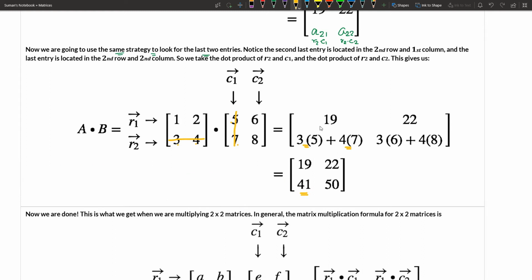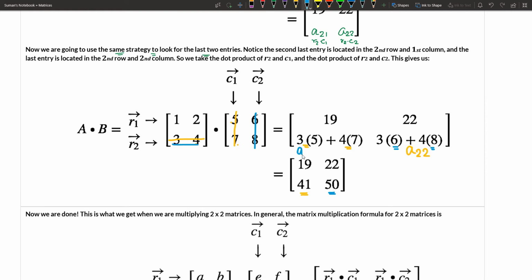And for the fourth entry, that must be our A22, second row, second column, and we are using the blue color for that entry. So that is 3 into 6 plus 4 into 8, and after addition we are getting 50.